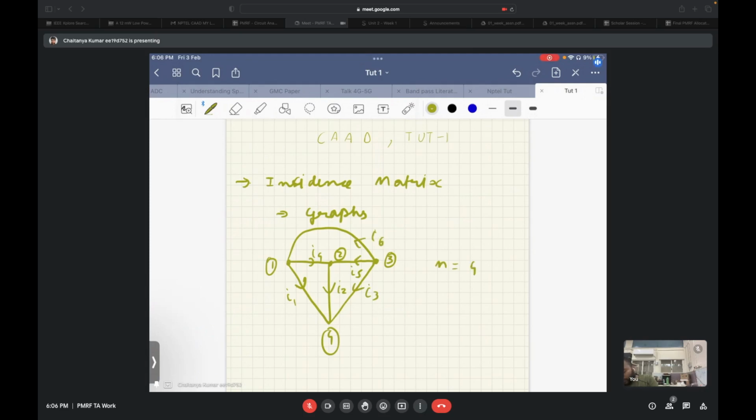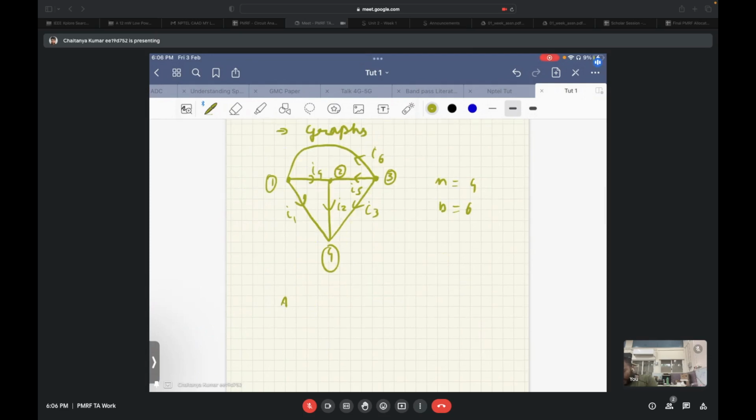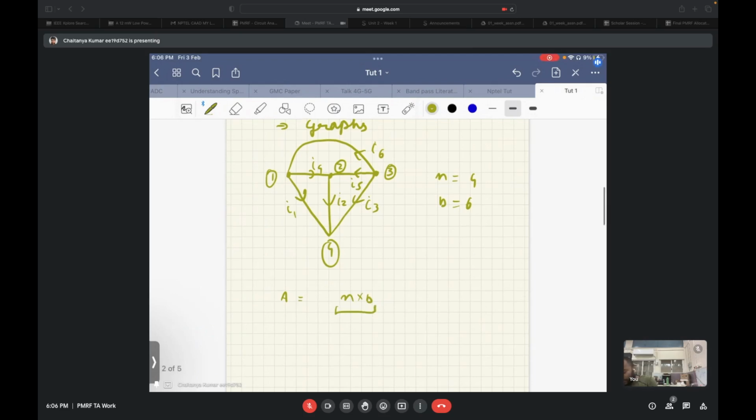So we have number of nodes equal to 4, number of branches equal to 6. So we can make an incidence matrix of dimensions n cross branches. This is the augmented incidence matrix, and if we put the fourth node to ground.